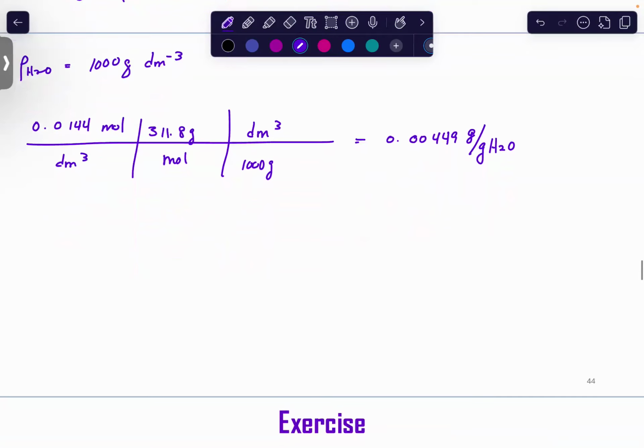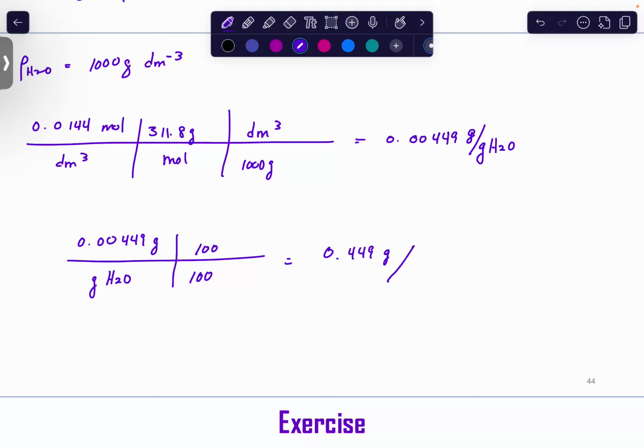Well, I want 100 grams of H2O, so I'm going to take 0.00449 grams multiplied by 100 over 100, and that's going to give me 0.449 grams of my compound per 100 grams of water. So that one, the math is easy enough, but you have to be kind of creative in how you get there. Sure.